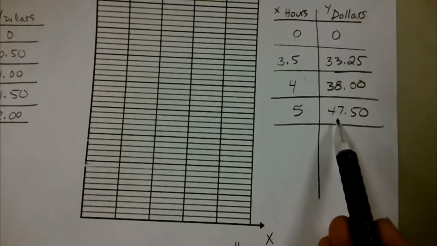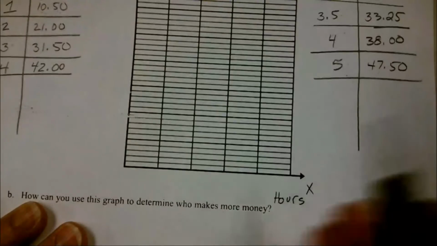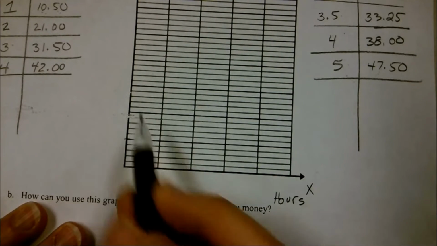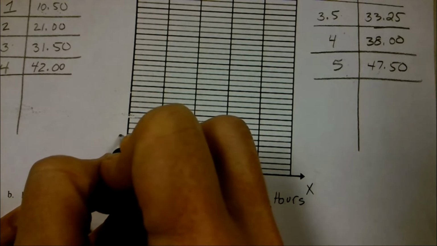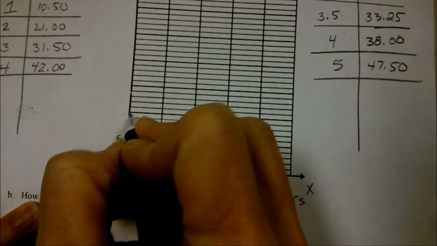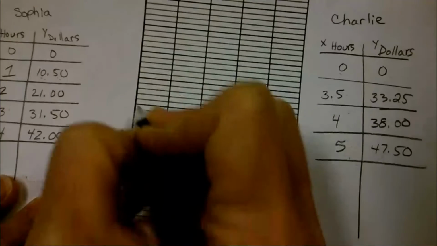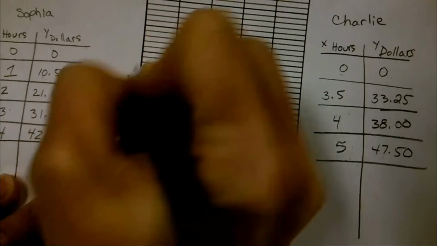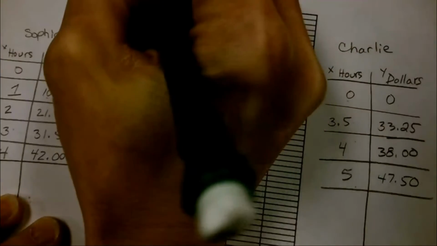Now we're going to label our scale. The top number for Charlie is $47, so it would be in my best interest to get my scale to go all the way up to 50. If you notice, there's darker lines and then lighter lines. I'm going to start with 0 here. I'm going to go 1, 2, 3, 4, 5, up by 5, 6, 7, 8, 9, 10, and then 15, 20, 25, 30, 35, 40, 45, and 50.